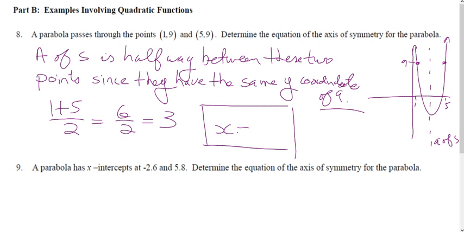Yeah. X equals 3. Okay, remember, it's an equation, so it's got to have an equal sign, right? That's what equations do. They have equal signs. The axis of symmetry is a line. So it's either y equals or x equals, but it's a vertical line, right? It's just x equals 3.